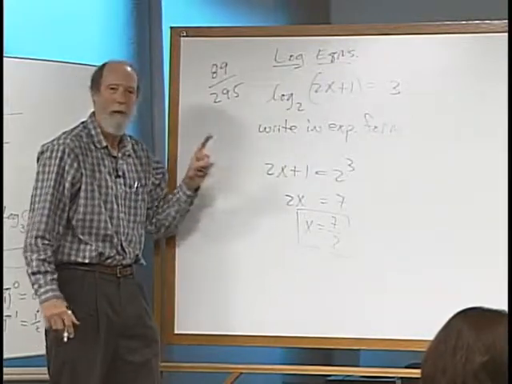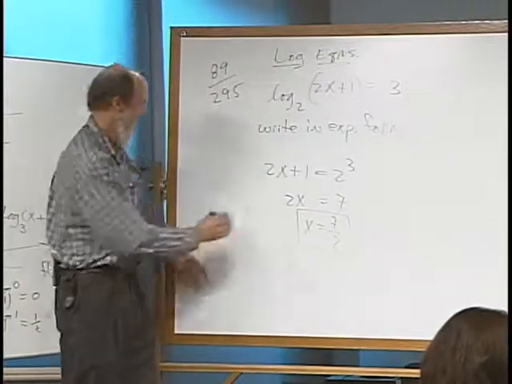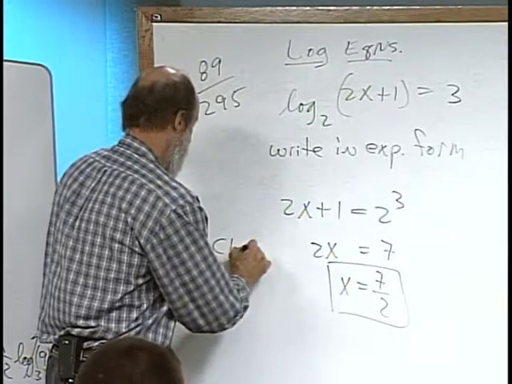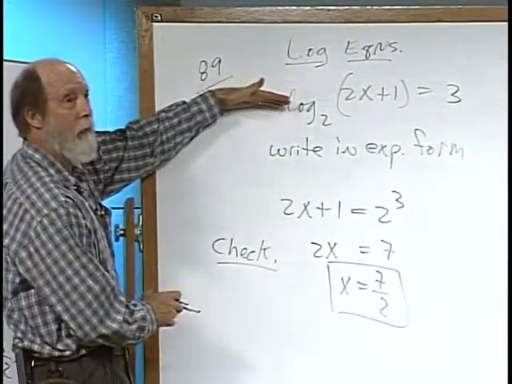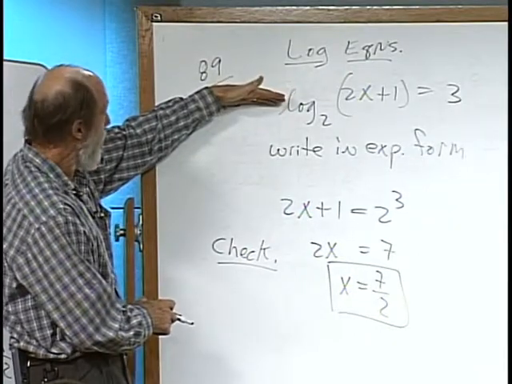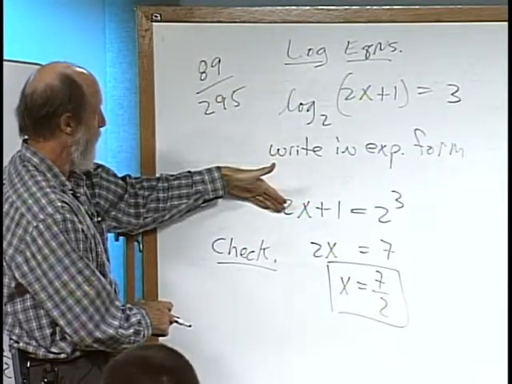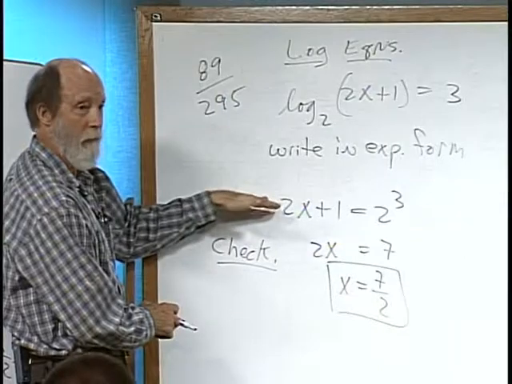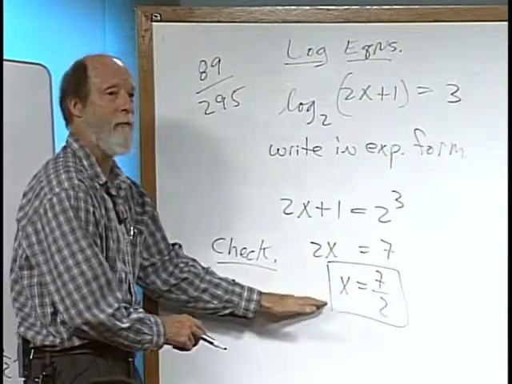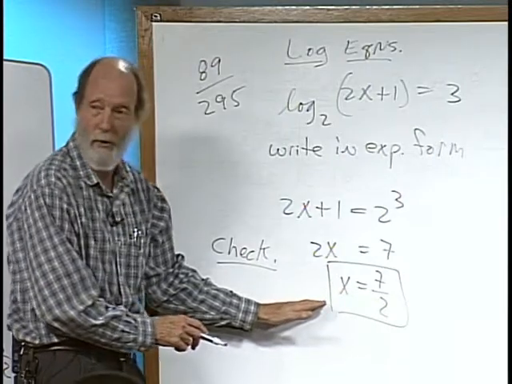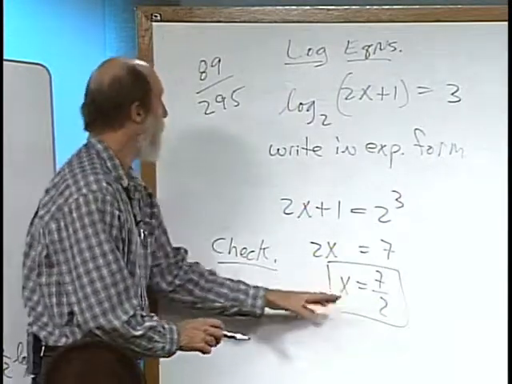Then you always have to check these. Always check log equations, because sometimes with logarithmic equations, when you write them in exponent form, you've now got a new equation, and it's possible to come up with answers that are called extraneous, which will not work. In this case, this will work.